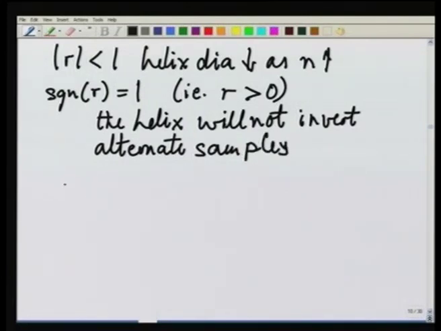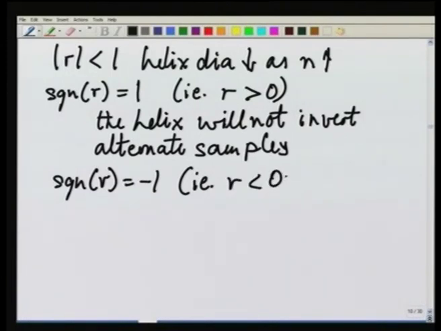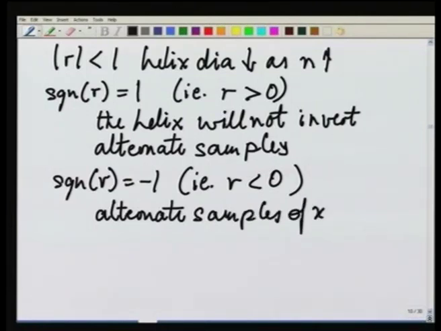If sign of r is minus 1, that is to say r is less than 0, then alternate samples of x[n] would be inverted.